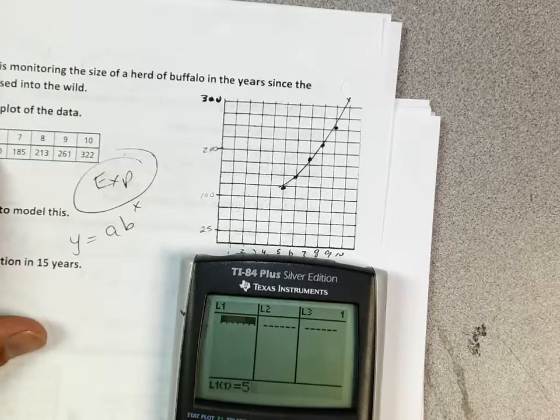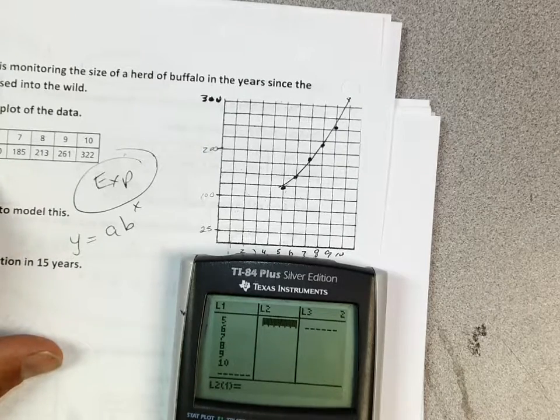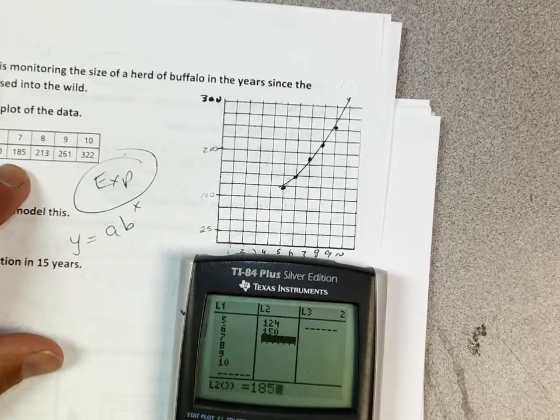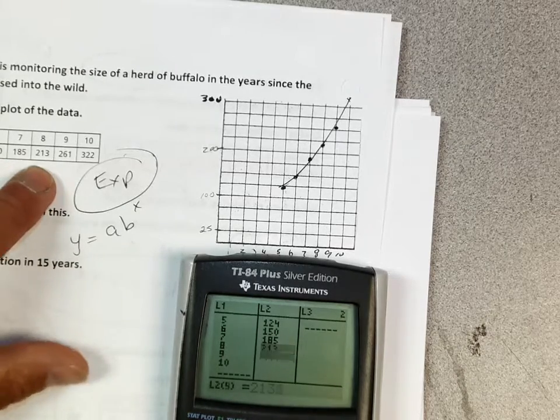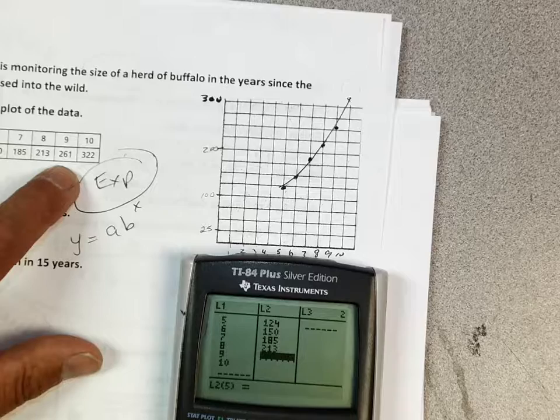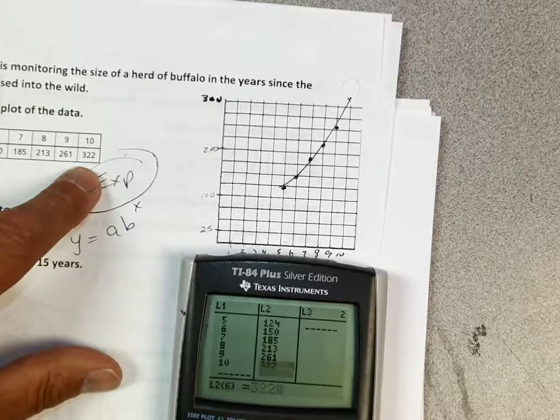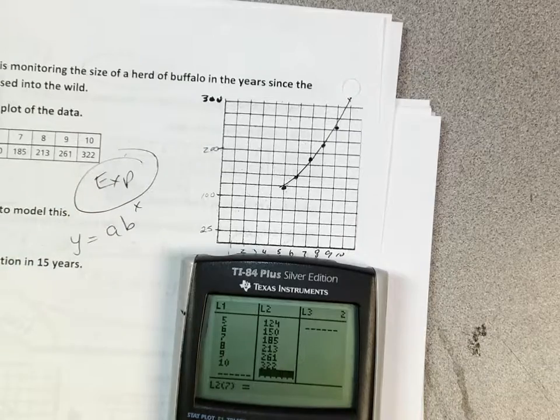Okay, 5, enter, 6, enter, whoops, 7, 8, 9, and 10 for list 1. List 2: 124, 150, 185, 213, 261, and 322.